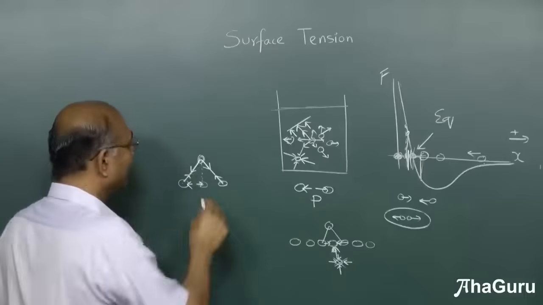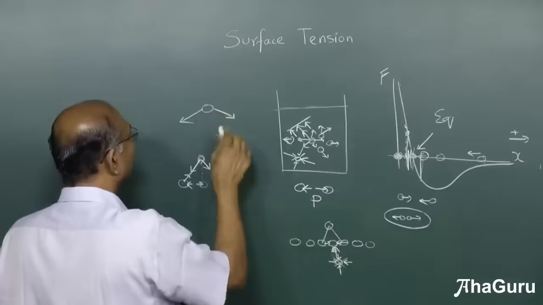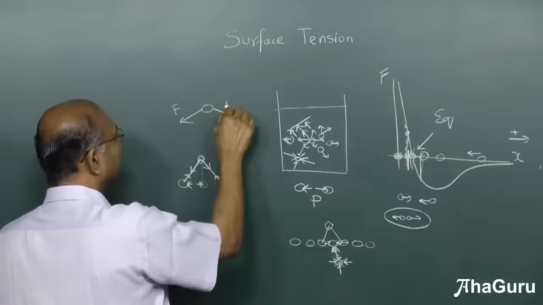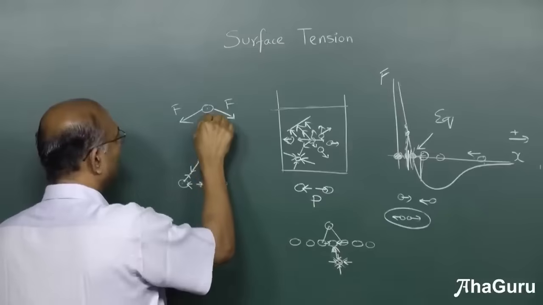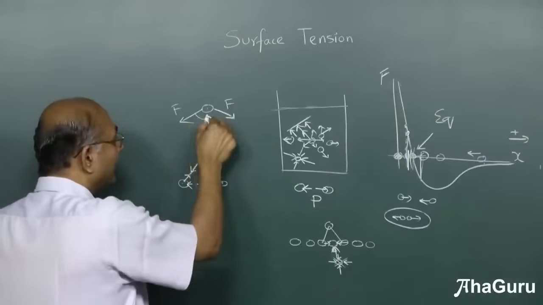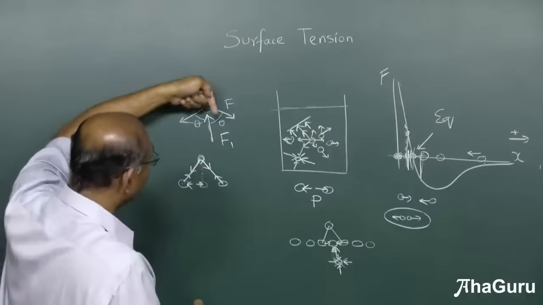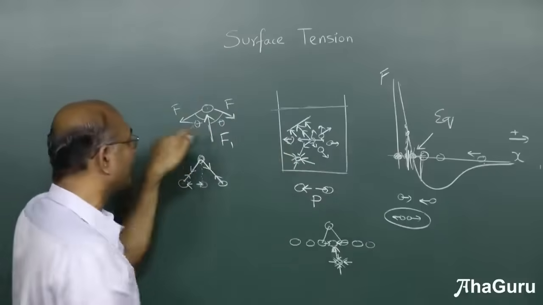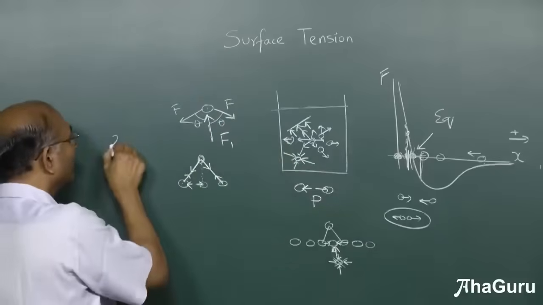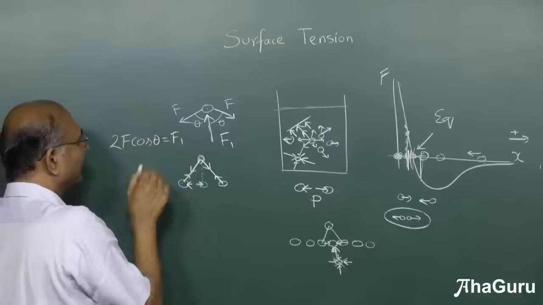What is interesting is that if you look at this force and this force, let's call it F and F. And let's call this F1. If you think of this angle as theta, F cos theta plus F cos theta, 2F cos theta, has to compensate for F1. 2F cos theta is F1, right?